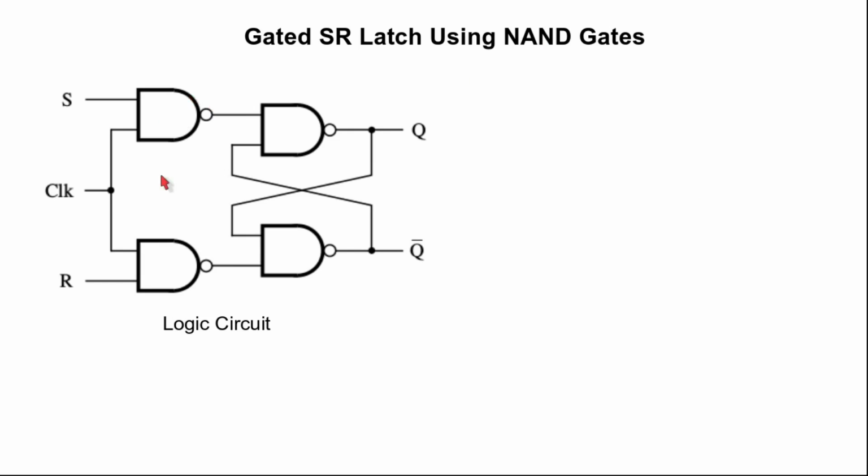We connect the clock input to one of the NAND gates and the clock input to the other NAND gate, and S input we connect to one of the NAND gates, and R input we connect to the other NAND gate. And remember, to this Q output we connect the S input, and to Q prime we connect the R input.